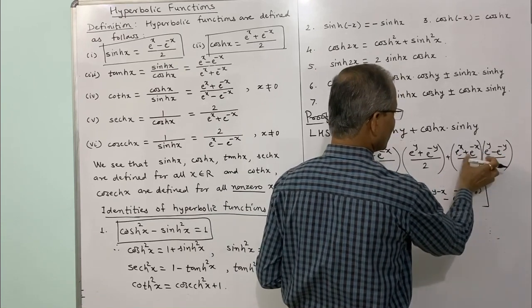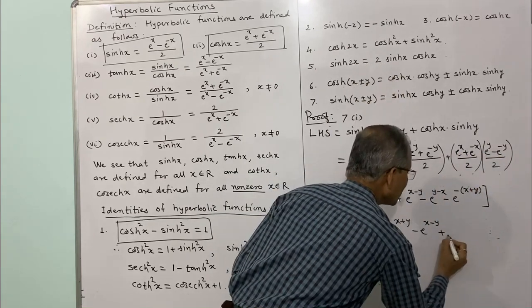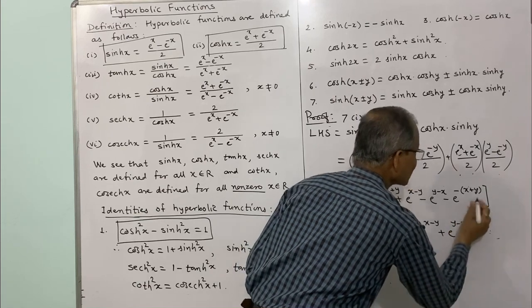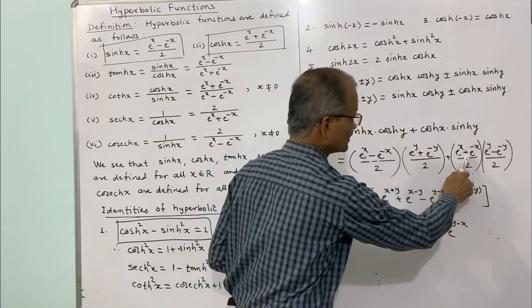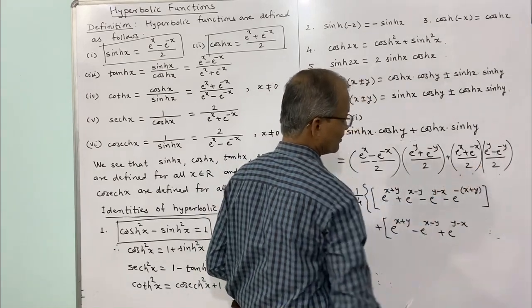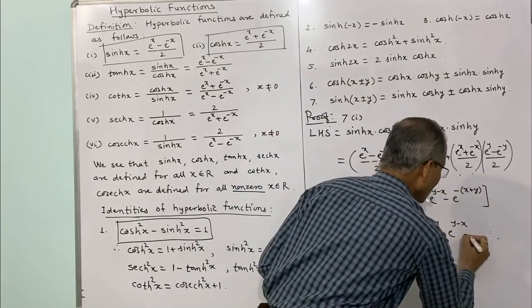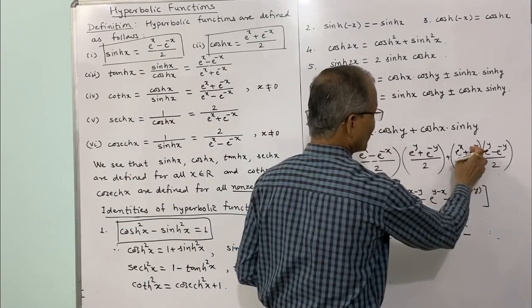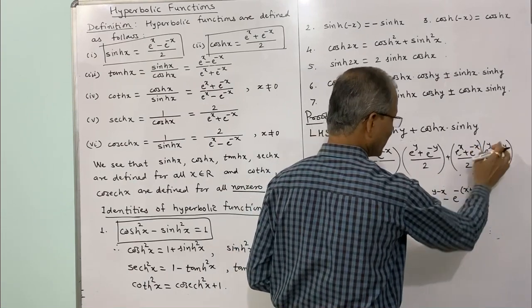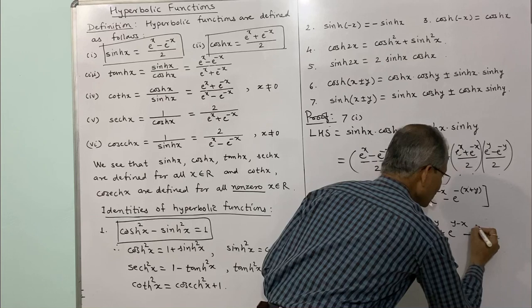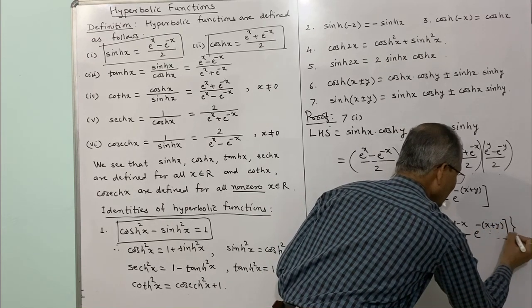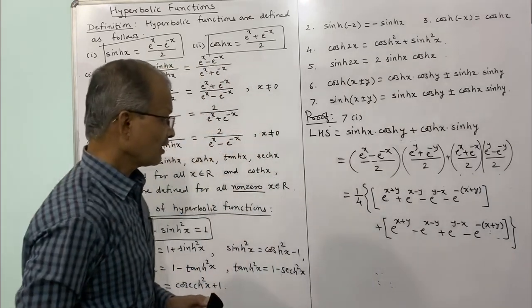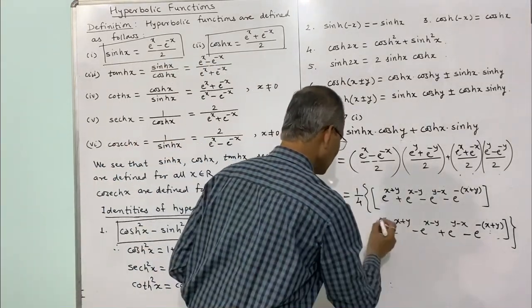And now it is plus sign, e to the power y minus x, positive, negative, sum of indices. And the last is plus into minus, that is minus, and e to the power negative x, e to the power negative y, that is negative sign is common, x plus y, and close the bigger bracket.